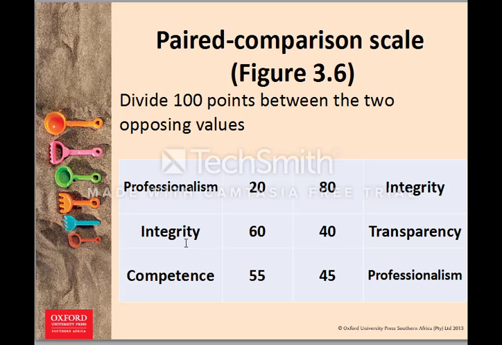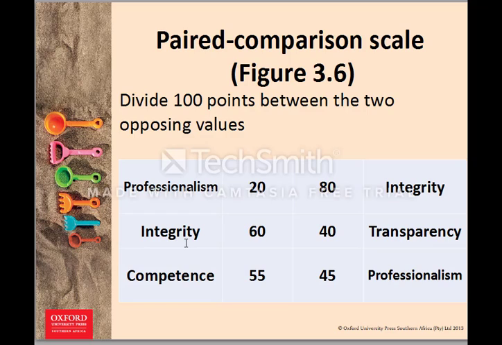So paired comparison. Now you have to say which is more valuable to you, which you weight more. So which is more important to you, which is the more important value. If you're working with people or you're hiring someone, would you prefer professionalism or integrity? Again, this is one of the problems with survey type research, fixed responses, because you could argue that people with high levels of integrity are likely to be professional.